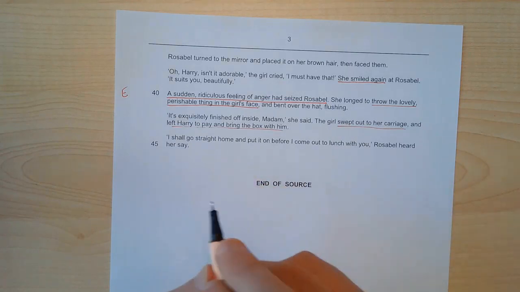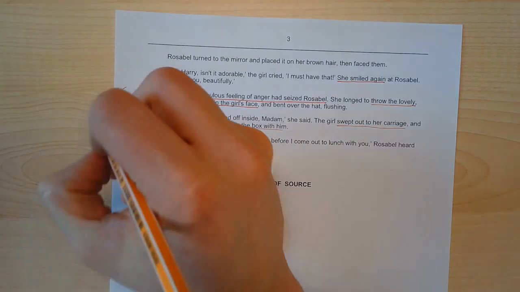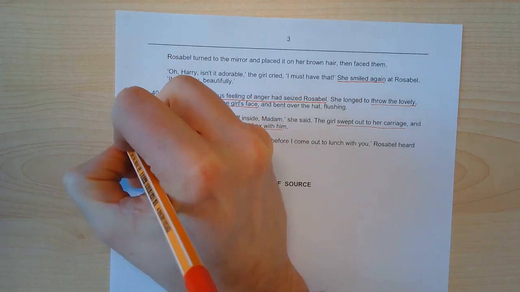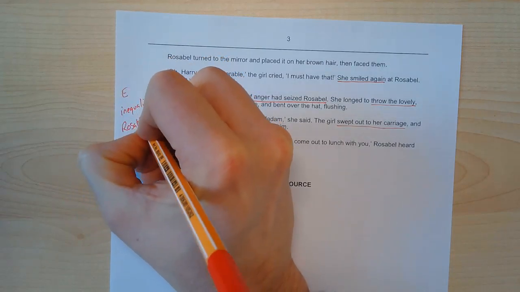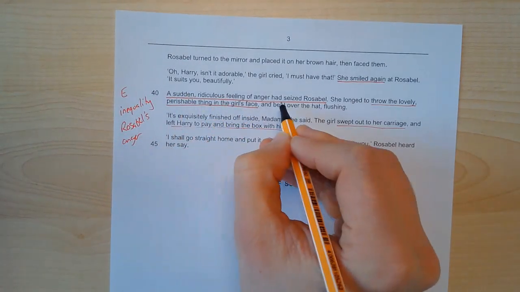So, at the end, we focus on the inequality and Rosabelle's anger. We focus on the sudden, ridiculous feeling of anger.